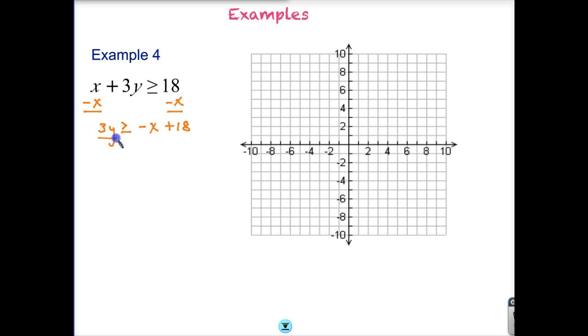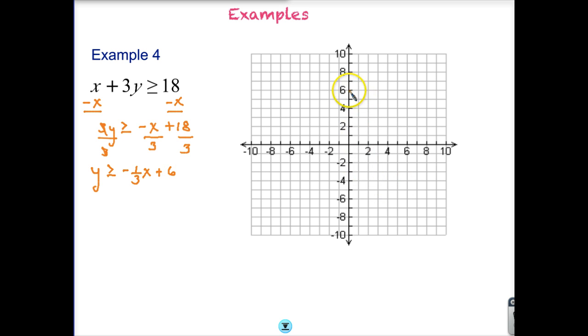Finally, I would just want to divide each term by 3 in order to isolate y. 3 divided by 3 is 1, or 1y, is greater than or equal to negative 1x over 3. So this is the same as negative 1/3 x plus 6. 18 divided by 3 is 6.